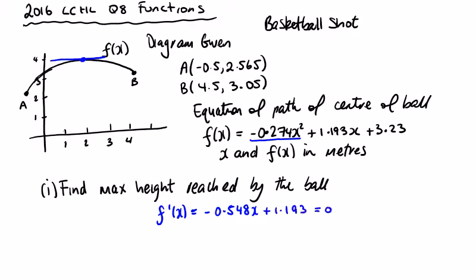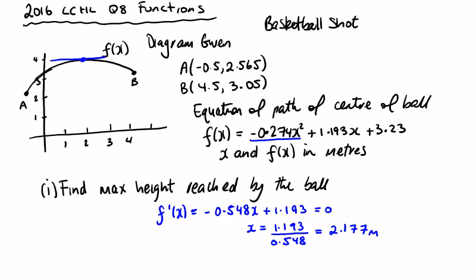That has to be equal to 0. So x is going to be equal to 1.193 divided by 0.548, which gives me 2.177. 3 decimal places here, 3 decimals in the question, 2.177 meters.